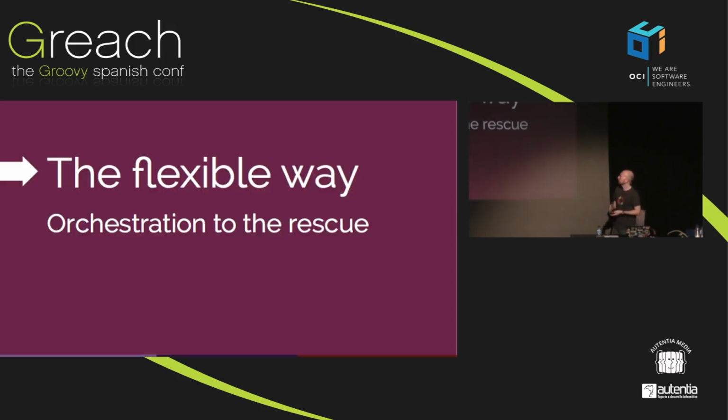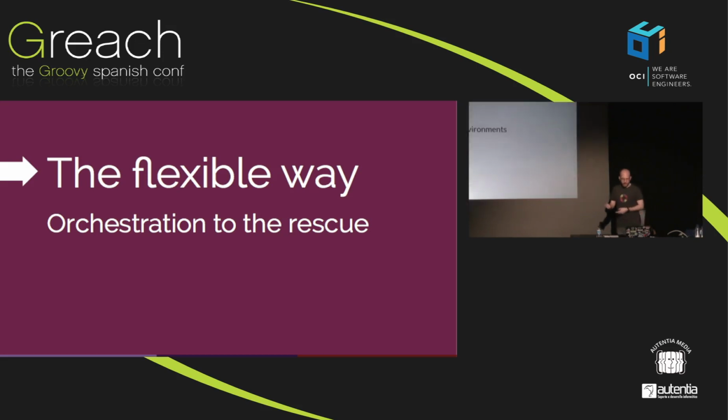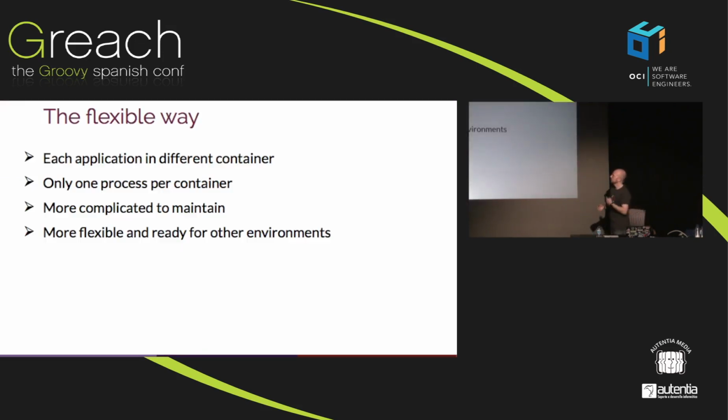And the other option is this flexible way, in which we are going to see how we can orchestrate all these containers and do more flexible things. So here we have each component on a different container. So now we have one container, one application. It's more complicated to maintain.